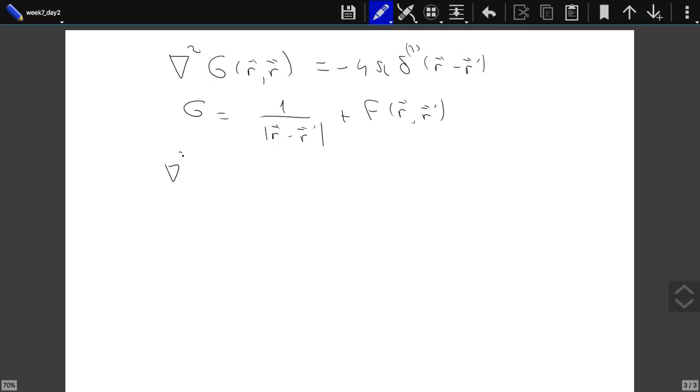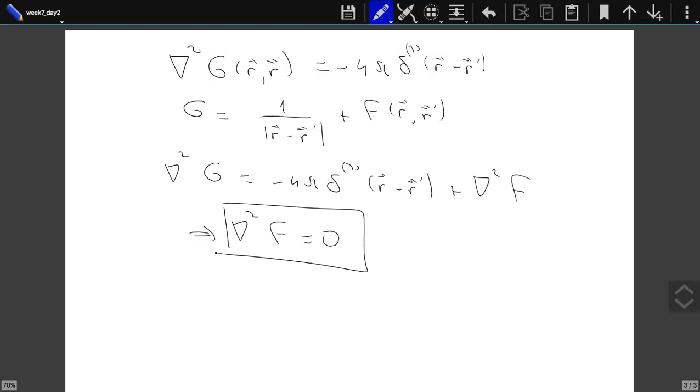So the Laplacian of G would be equal to minus 4 pi Dirac delta of r minus r prime plus the Laplacian of f, and hence f satisfies the Laplace equation.